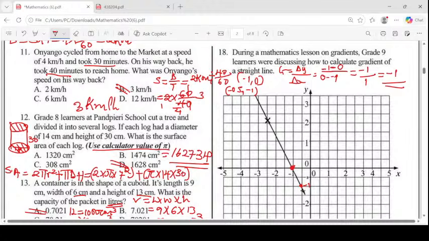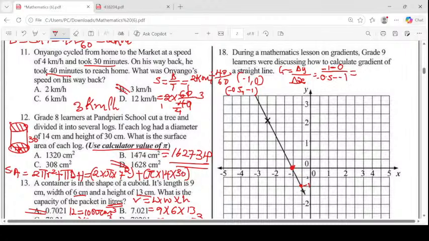So we'll have now said gradient is change in y over change in x. Change in y is -1 minus 0 over change in x, which is negative 0.5 minus -1.